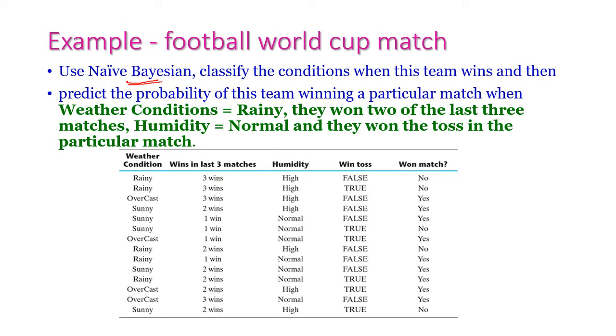And now we have to use this Naïve Bayes to classify the conditions when this team wins the match, and predict the probability of this particular team winning a particular match when the weather condition is rainy, the wins in the last matches are 1, humidity is normal, and they won the toss in the current match also.